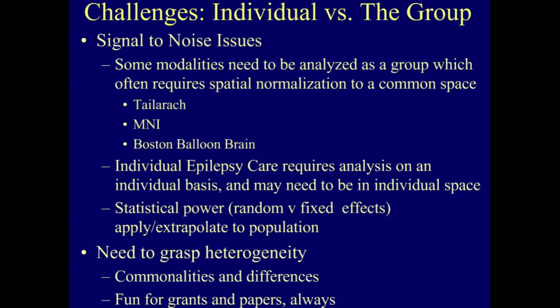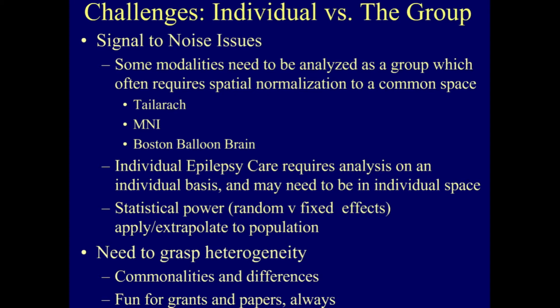Statistical power is much greater when you have random effects models which require group analysis, and this allows extrapolation of findings to a larger population. So the current standard for group studies are random effects analysis. It is important to grasp the nature of the heterogeneity of your patient population.